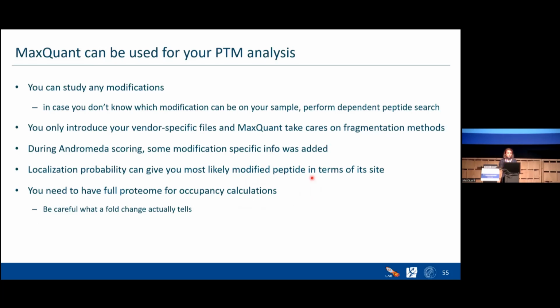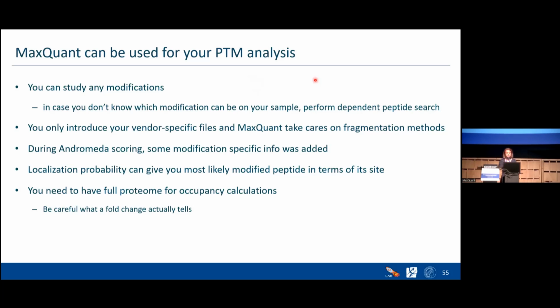So you always have to ask such questions of yourself at the end of the day. So, in conclusion, many times we show these PTMs in the aspect of phosphorylation. It's also because the study came with phosphorylation in mind. There was a lot of improvement in the database size for phosphorylation, but in theory, you could study all kinds of PTMs with MaxQuant. And imagine that if you don't know which modification can be on your sample, then you can simply perform the dependent peptide search.